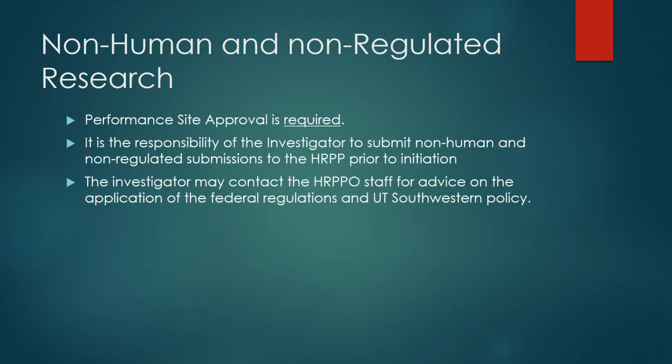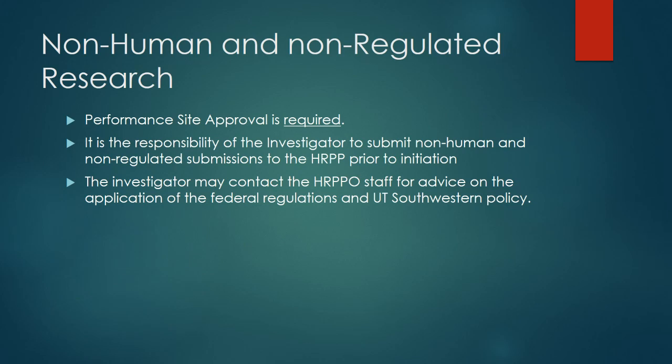Performance site approval is required for these kinds of submissions. If you indicate in the Y1 and Y2 forms that the activity would be at Children's, UT Southwestern, Parkland, Scottish Rite, and so on, after you have gotten the determination letter from us, you will need to reach out to the research admin office at the individual institutions to obtain performance site approval.